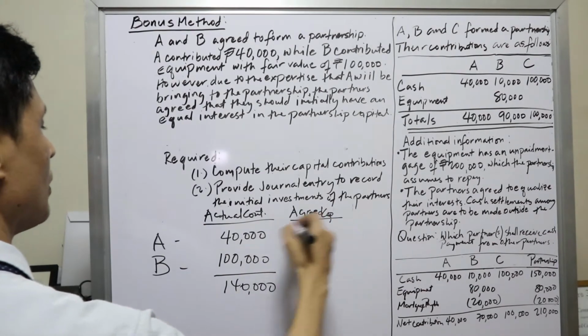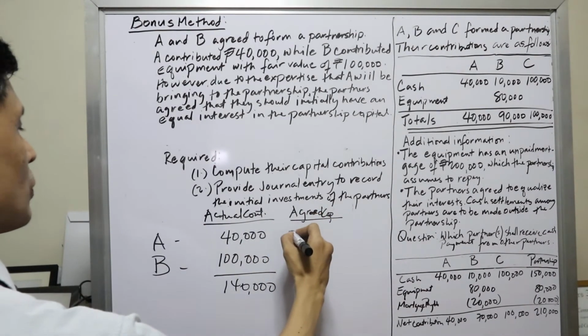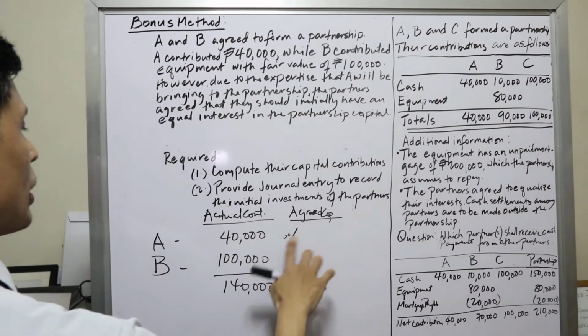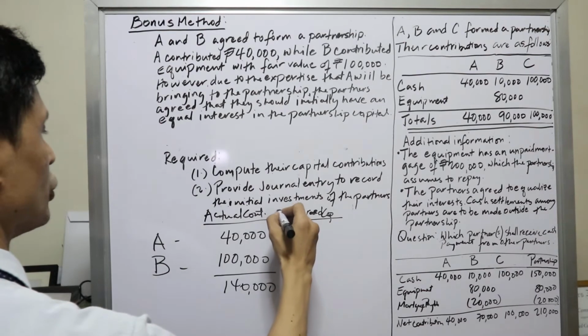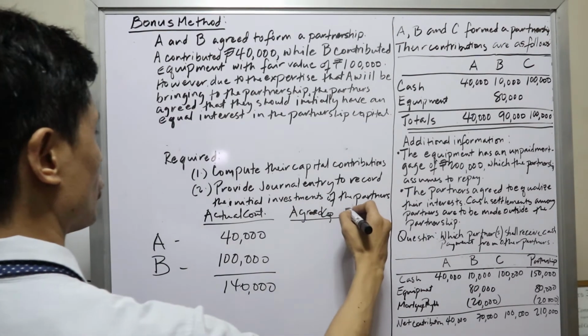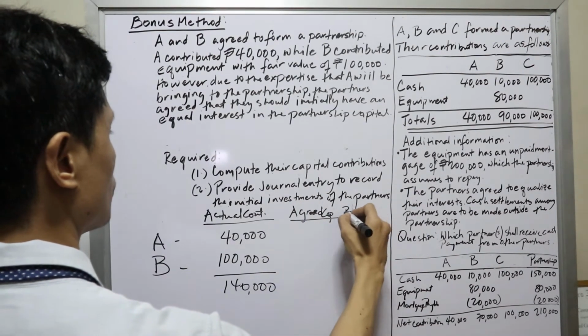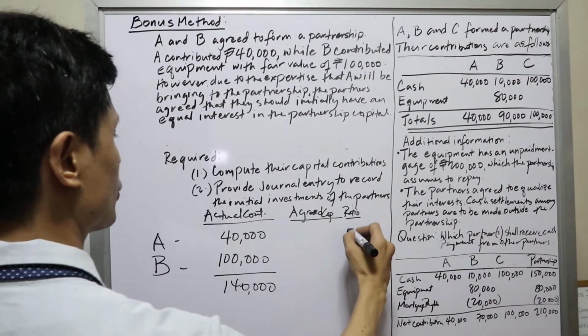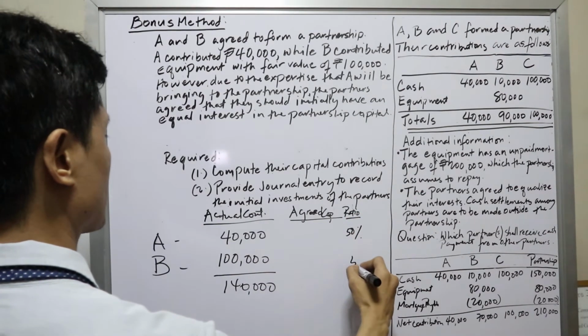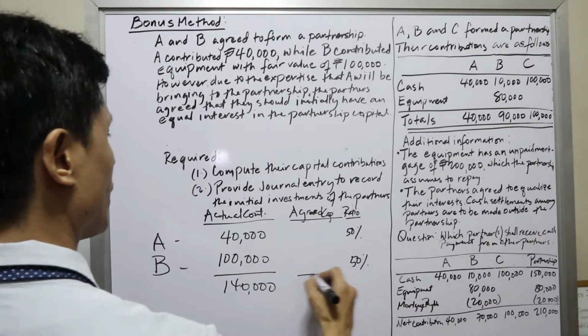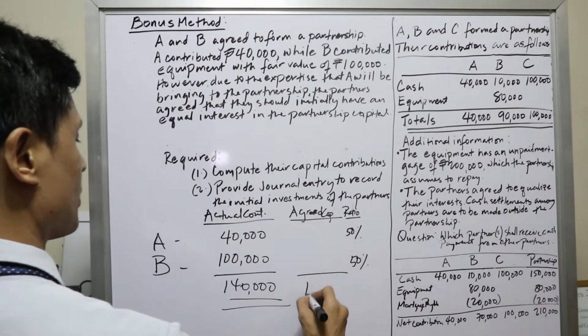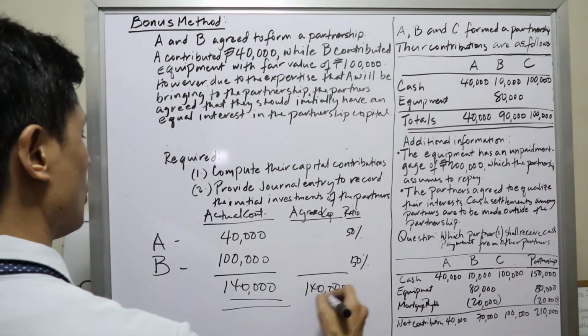Now, the agreement is that the agreed capital is that equal sila. So, in other words, 50% yung kay A, ito yung ratio nila. This is the ratio. Okay, 50% yung kay A and 50% yung kay B. So, pero yung agreed capital is the same at 140,000. So, what do we do here?